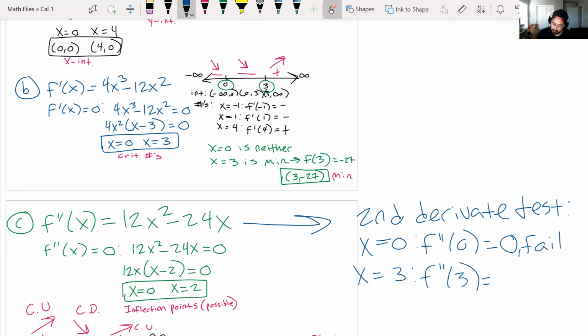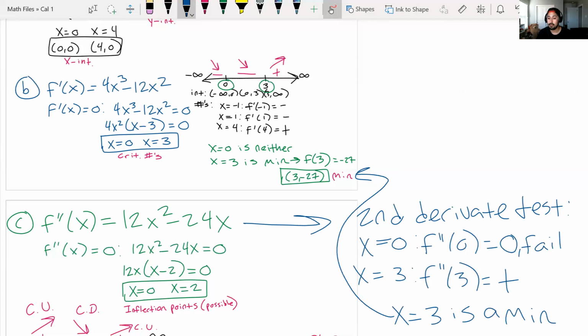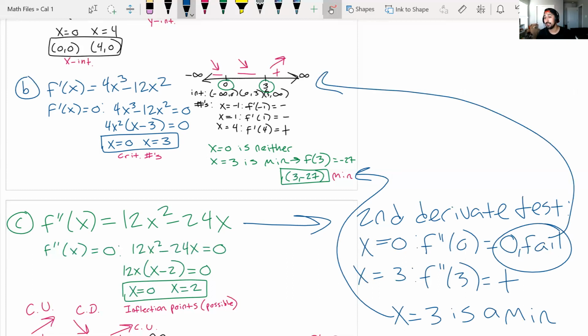I get a positive output, which means that if the second derivative at our critical number of 3 is positive, then x equals 3 is a minimum, which, hey, that's proven right there. But since this failed, you still have to create a sign chart just to make sure it's not a max or min. And that's how the second derivative test works. You would skip a sign chart, but if it fails, you still have to make a sign chart.